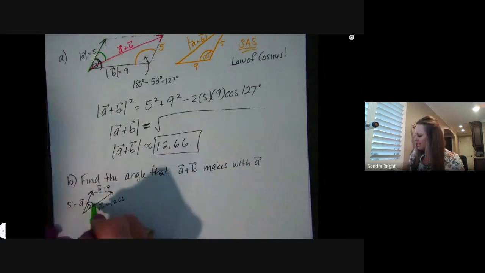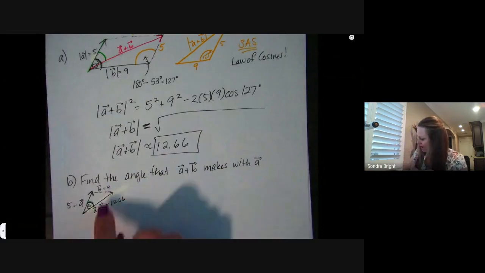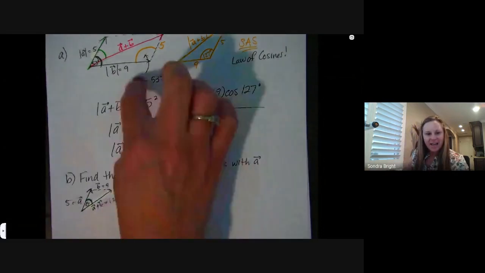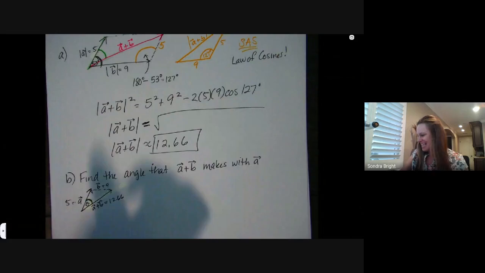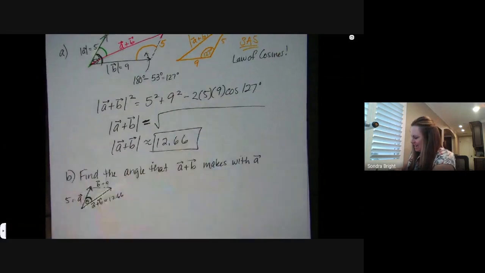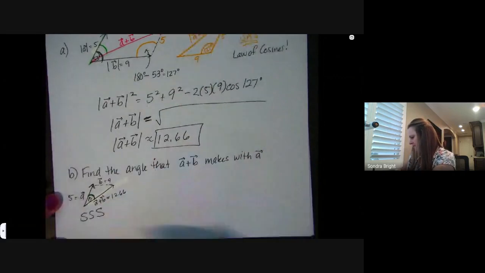Yeah, so I know I didn't draw it to scale. Sorry about that, but whatever. Okay. Do you see that now I'm trying to find this angle theta, and I have a side, side, side triangle. That's SSS. And you're going to use law of cosines again.